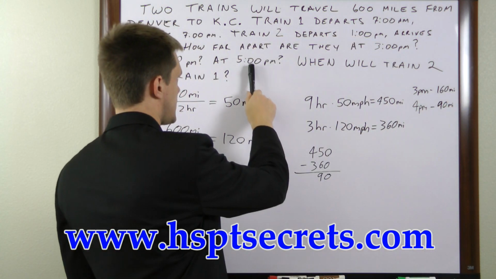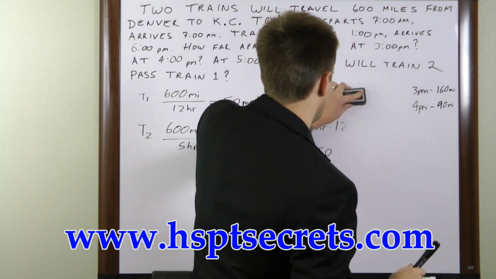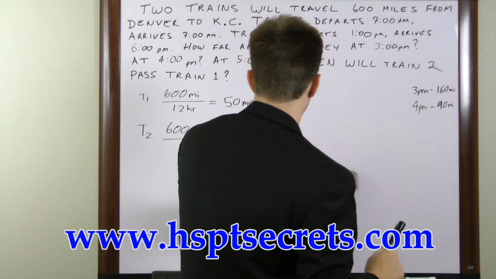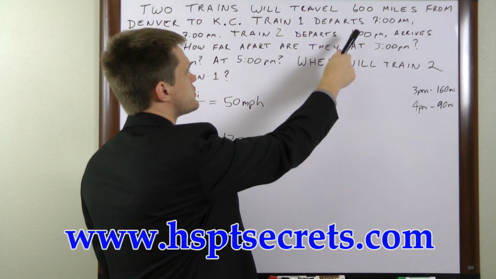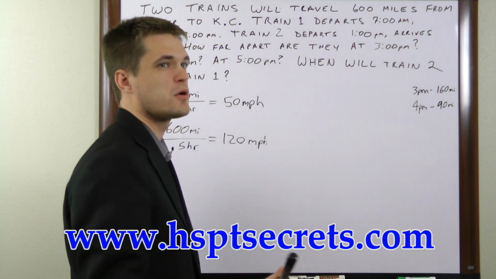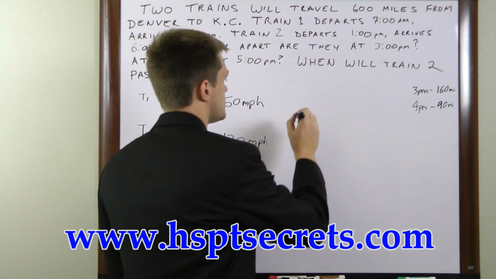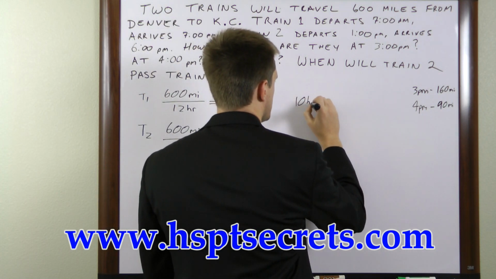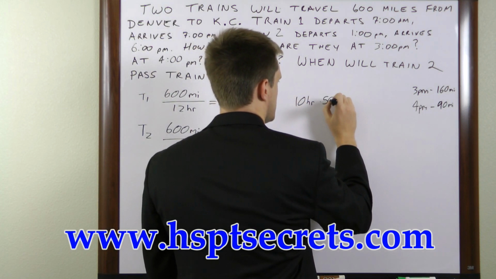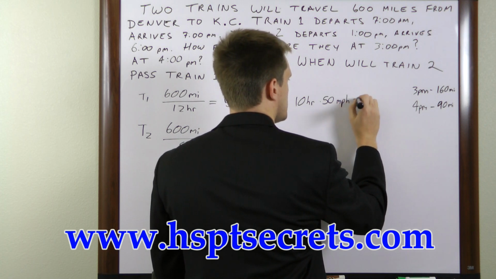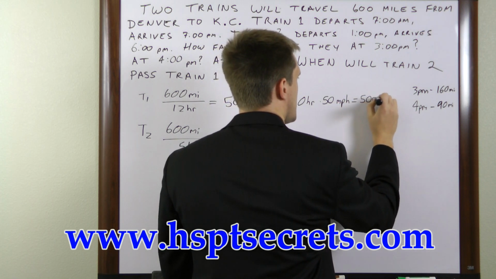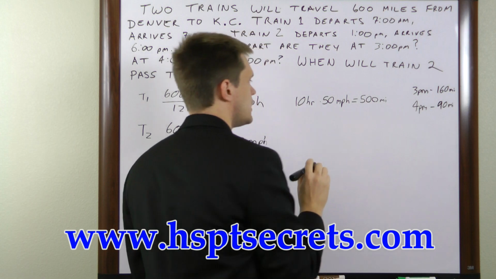And so now we just need to calculate 5 p.m. At 5 p.m., train 1 has been traveling for 10 hours, and train 2 has been traveling for 4 hours. So we have 10 hours times 50 miles per hour is 500 miles.